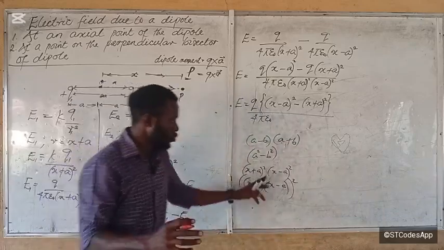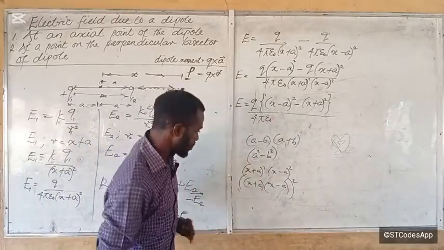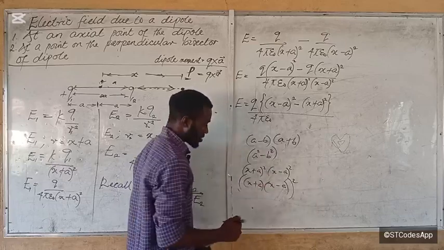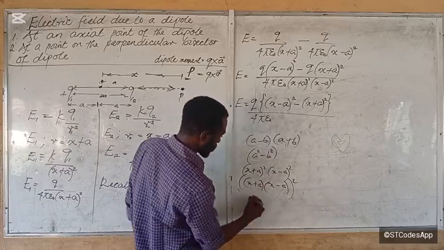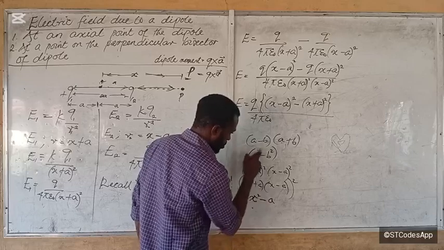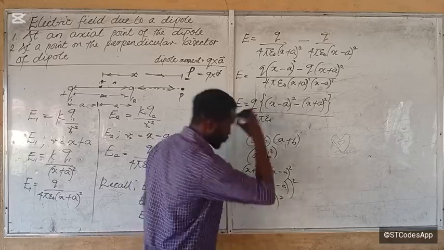This makes sense, right? Because this is squared, we can say both of them multiplying each other, squared. So when you have this, it has turned to a difference of two squares, right? So we can already say that it is x squared minus a squared, then all squared.